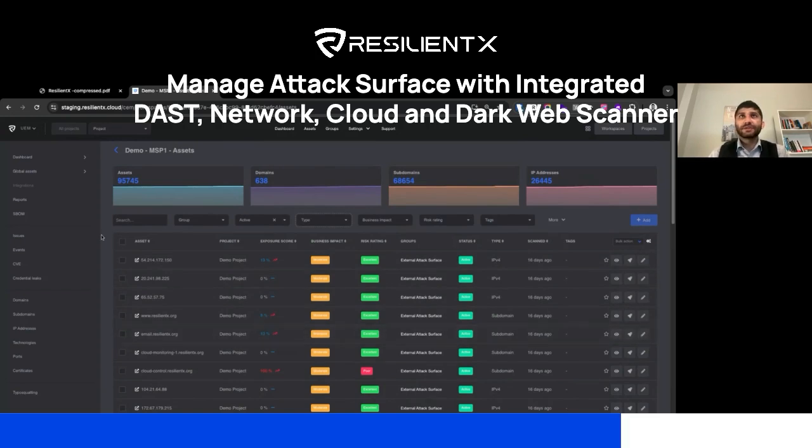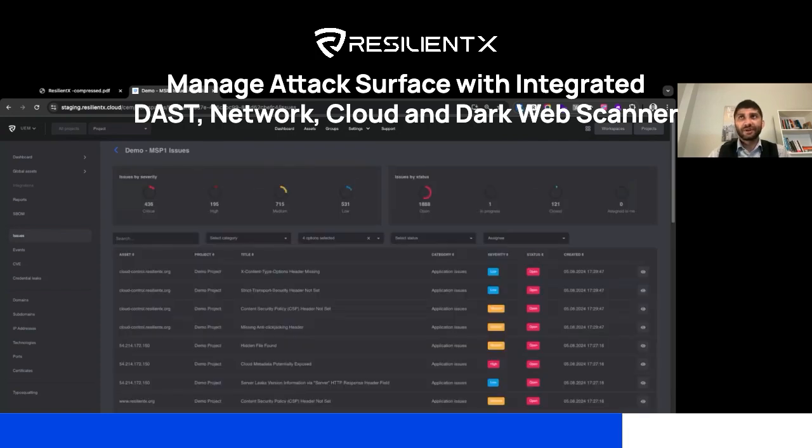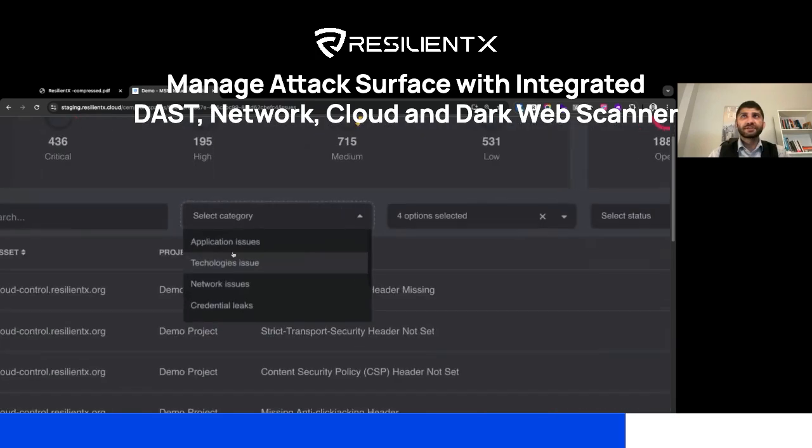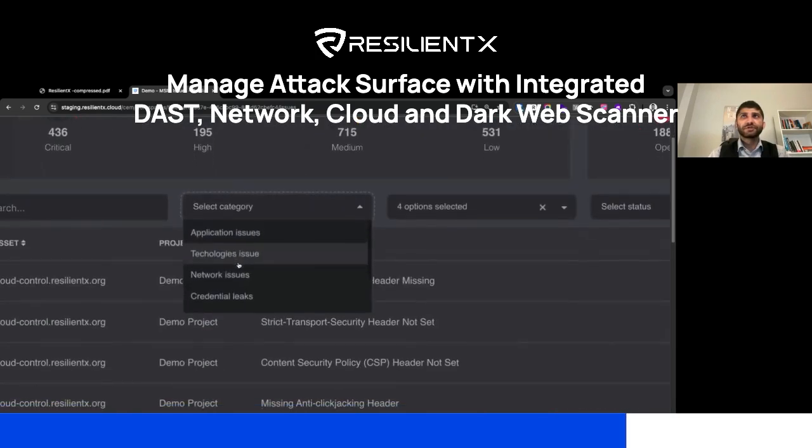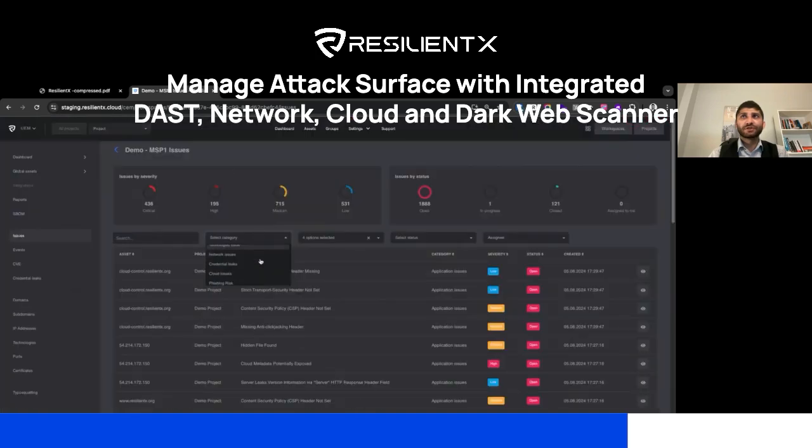On the other hand, the platform shows you the issues that we have found on your infrastructure. These issues can be categorized, and just to give you an idea, they can be application security issues, technology issues, network security issues, credential leaks, and also cloud security issues, phishing risk, and spam issues.